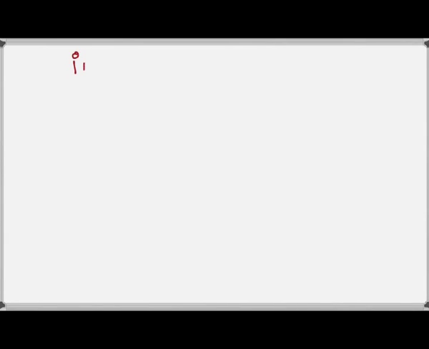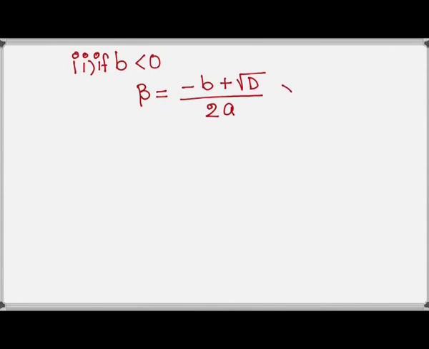Now if b is strictly less than 0, then we have the solution beta, which is minus b plus square root of D divided by 2a, strictly bigger than 0, that is the sign of the solution beta is positive.